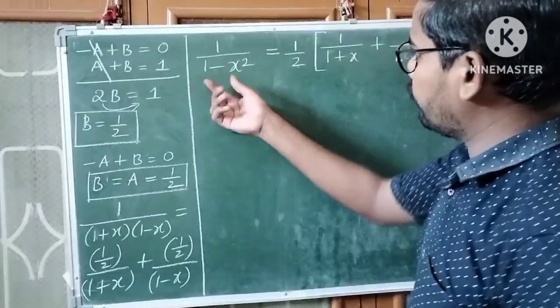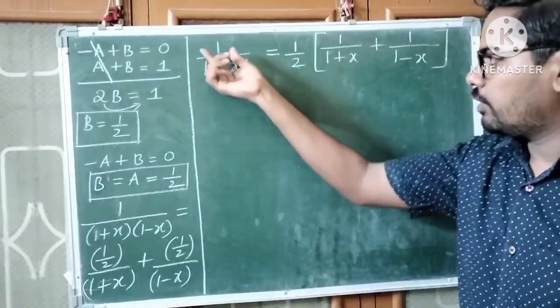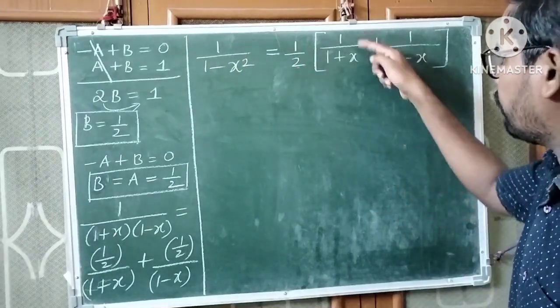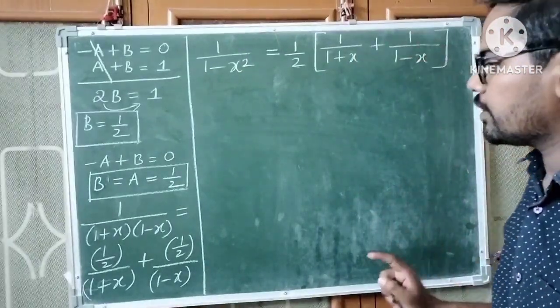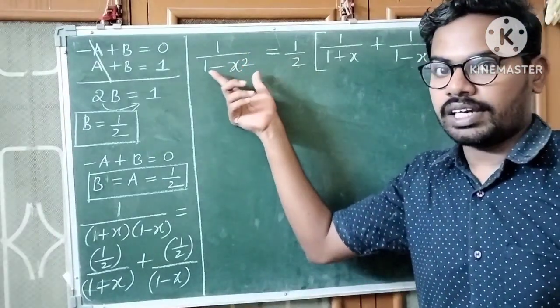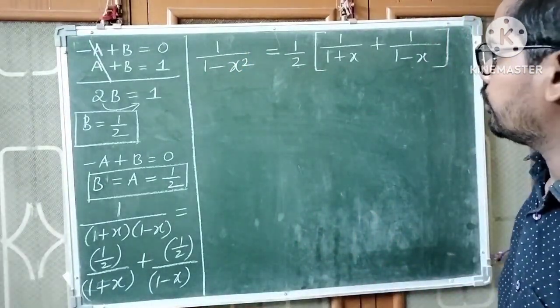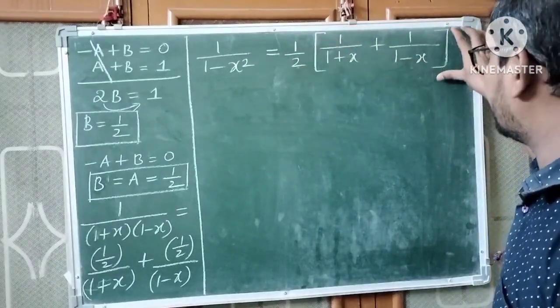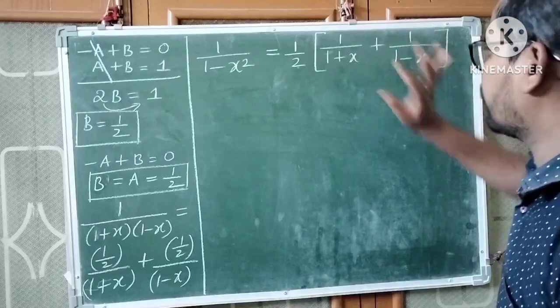Okay? So we can write 1 by 1 minus x square as 1 by 2 of 1 by 1 plus x plus 1 by 1 minus x. Now it is possible to find the integration of this function.